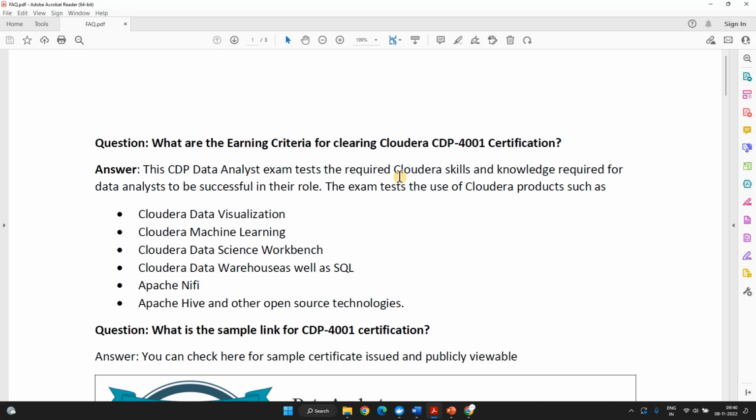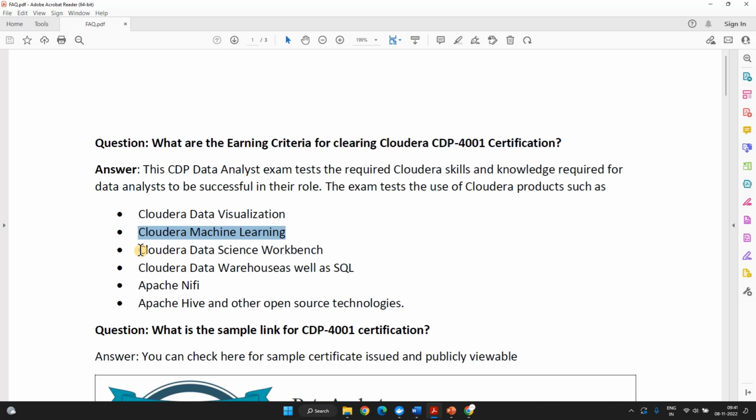For this certification, CDP 4001 Data Analyst, you need to have this basic skill set. Cloudera Data Visualization, their own tool, and you should be able to visualize the provided data on that tool. Then Cloudera Machine Learning basic concepts: you should know how to run a machine learning algorithm and how to train it.